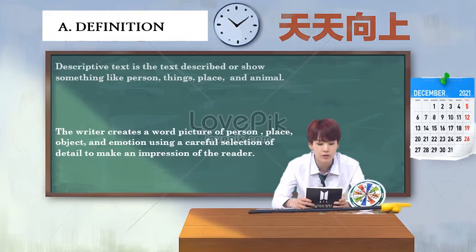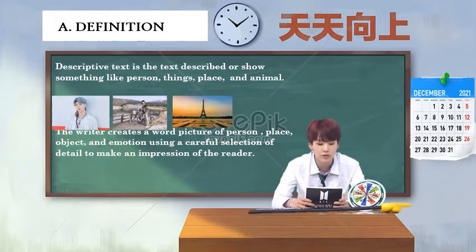Okay, let's start the class with the first section of the descriptive text. It's about definition. Descriptive text is the text that describes or shows something like a person, things, place, and animal. The writer creates a word picture of person, place, object, and emotion using a careful selection of detail to make an impression on the reader.